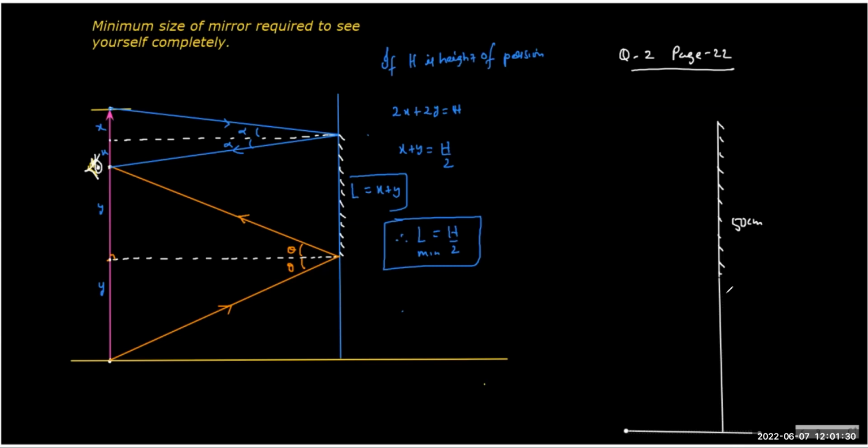So this is also 50 centimeter. A man stands in front of the mirror at a distance 2 meter away. If his eyes are at height 1.8 meter, which is 180 centimeter, I don't have space to show.